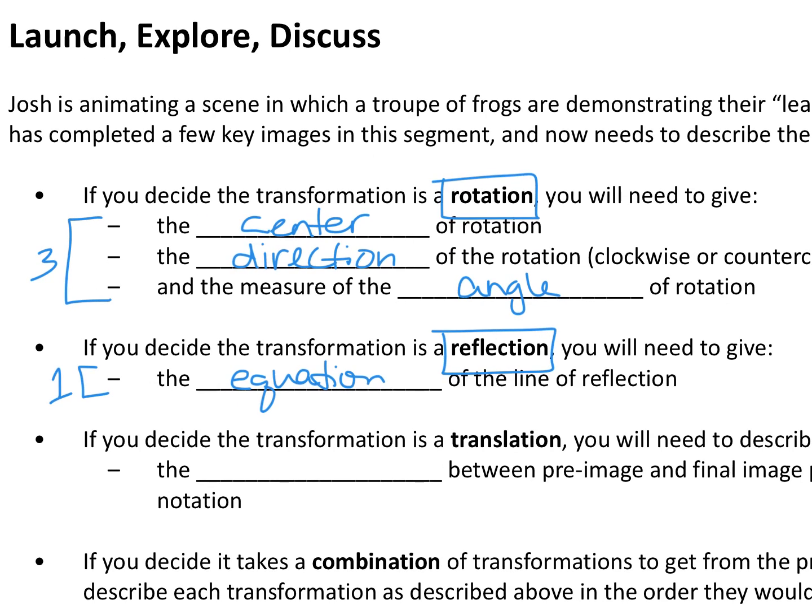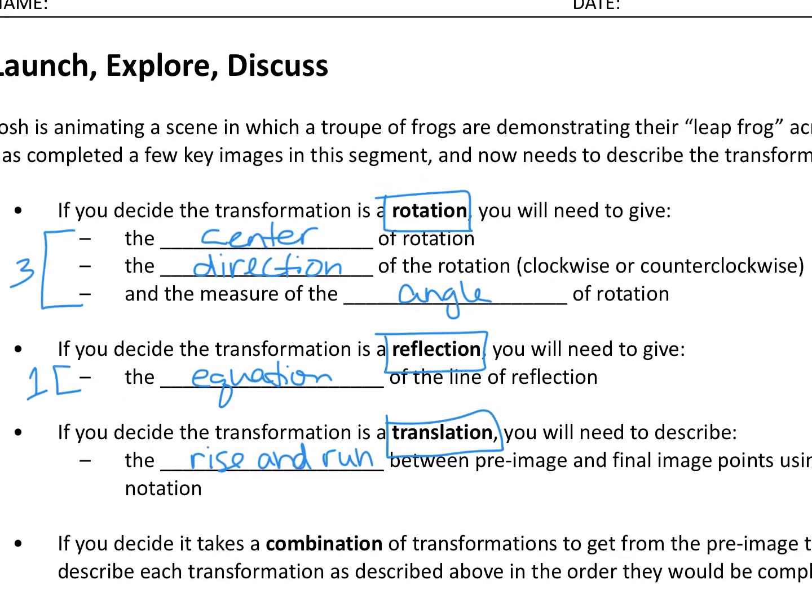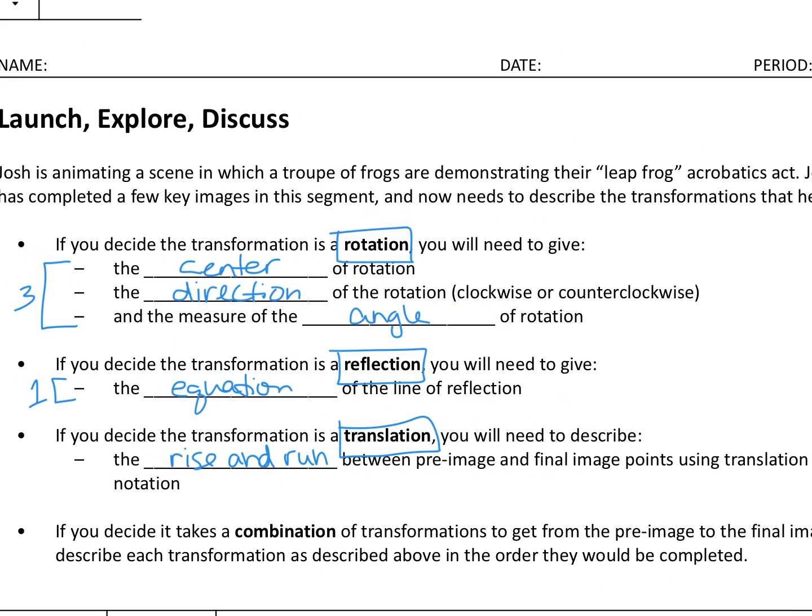So if you decide the transformation is a translation, you need to describe, basically it's like the rise and the run, that's what goes into the translation notation. So you need to describe the rise and run between the pre-image and final image points using translation notation.